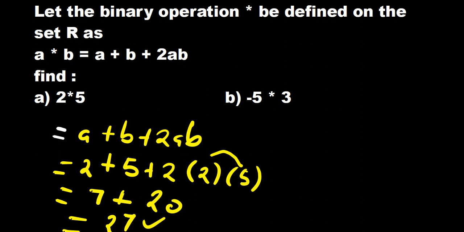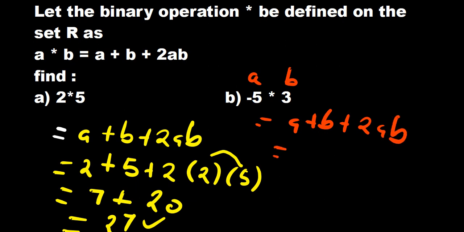Now let's solve the second one: negative 5 star 3. Our first one will be A, our second one will be B. Again it's A plus B plus 2AB. Our A is negative 5, plus our B is 3, plus 2 times negative 5 times 3.